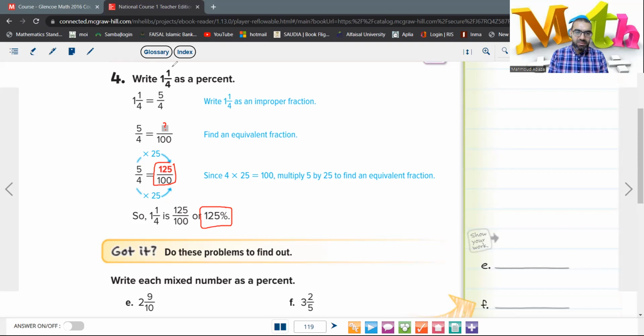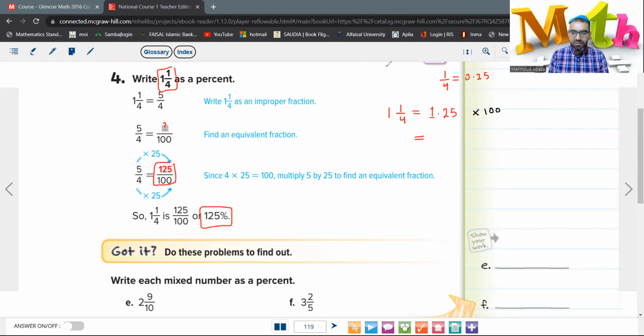Another method to solve this problem: if you know from your previous background that 1 over 4 as a decimal is 0.25, we can write down 1 and 1 over 4 directly as 1.25. Now we need it to be a percent, just multiply by 100.